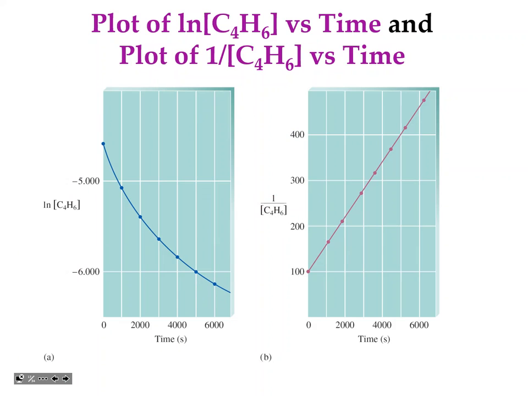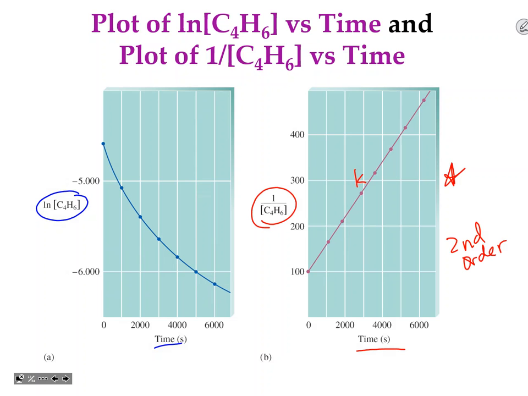So looking here and comparing these two different plots for our C4H6, which I think is butane, if you look at the axes, this is the natural log versus time, and this one is the inverse of the concentration versus time. The one that's the linear relationship happens to be this one. So obviously it's second order.